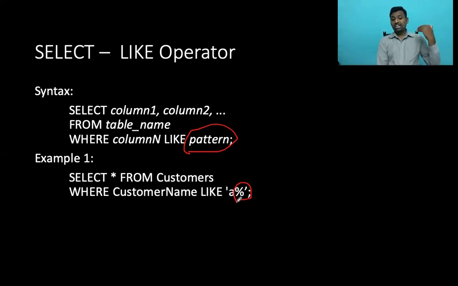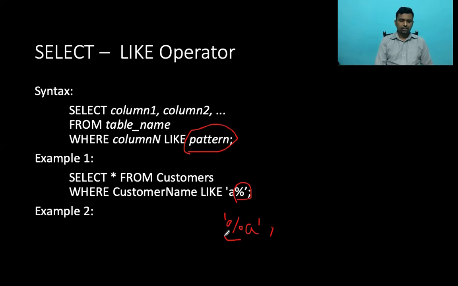Now if I want anything that ends with a, I'll just say LIKE within single quotes '%a'. Because I give a percentage before a, it means 0 or more characters. It can be more than one character, but that word should end with the character a. You with me? This is how I do it.